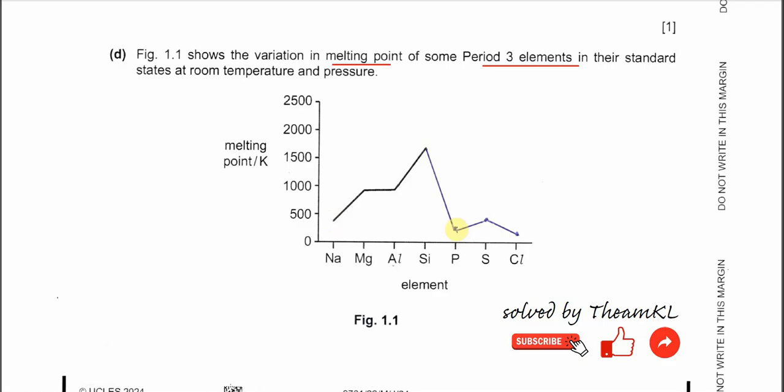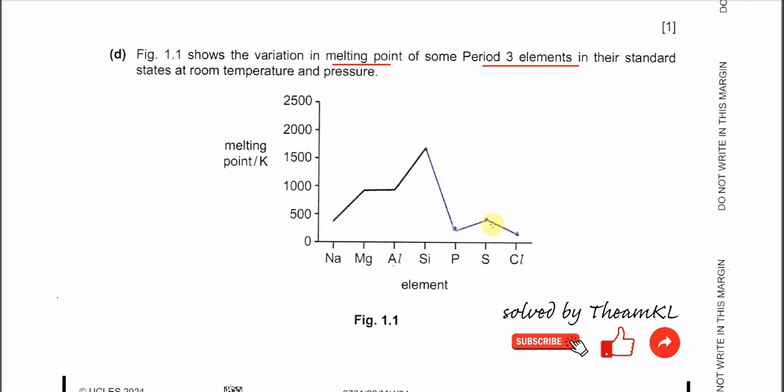After that, from phosphorus to sulfur, you need to draw another line, increasing. Make sure the melting points of sodium and sulfur are comparable. They are quite close, so you can just draw one line up and make sure it stays similar to the sodium.